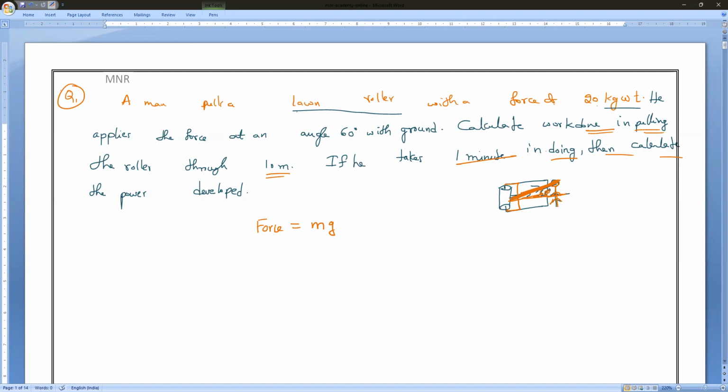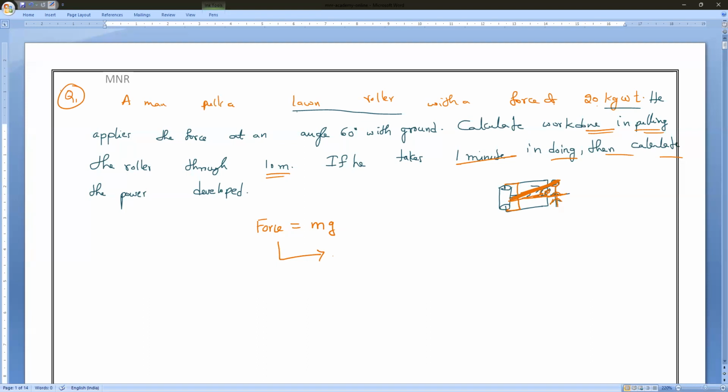Kilogram weight is the force applied on that weight. So already they are giving the force, not the mass. Force. See, kilogram weight is actually a force. That is what you should remember.